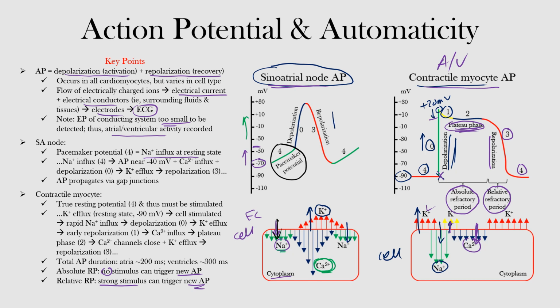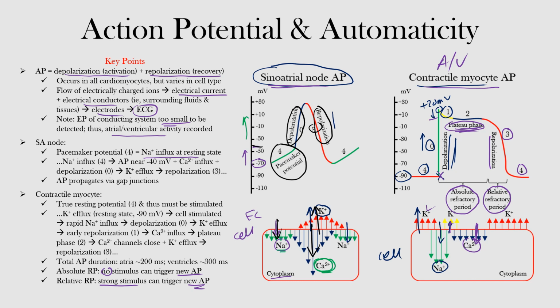As the sodium comes in, we get to a threshold near negative 40 millivolts, around this point here. And then calcium influx is also occurring. Calcium's coming into the cell, and because of this, we get that depolarization phase once we reach that threshold. And then eventually potassium starts leaving the cell, and we come to our repolarization phase, phase 3. And then this whole thing will start over again.